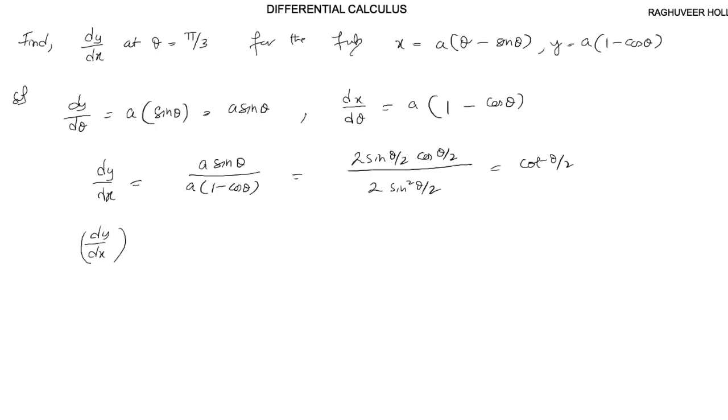Now at theta equal to pi by 3, dy by dx becomes cot pi by 6, which is root 3.